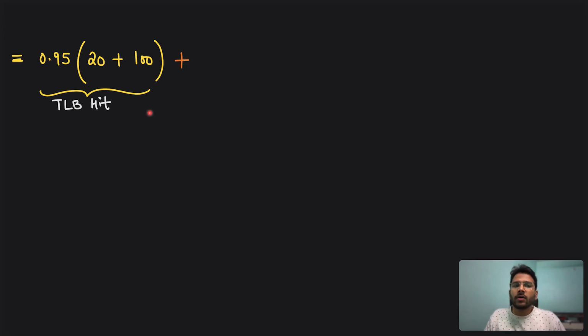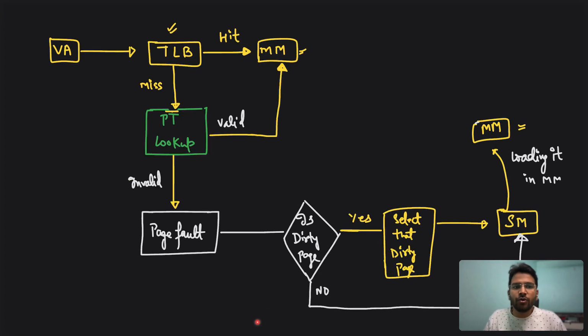Now, if it is a TLB miss, so if hit rate is 0.95, definitely 0.05 is going to be the TLB miss rate, right? Now, if it is a TLB miss, what to do? Then we have to check in the page table.